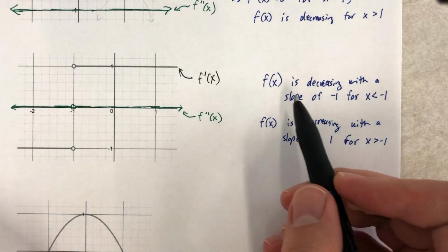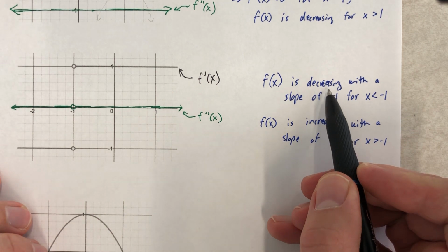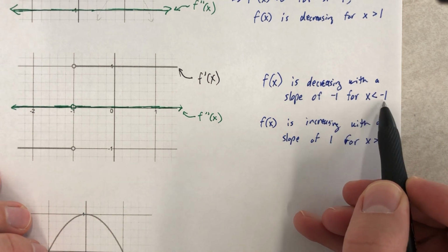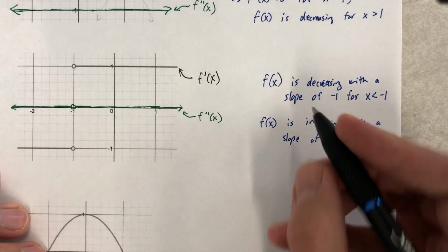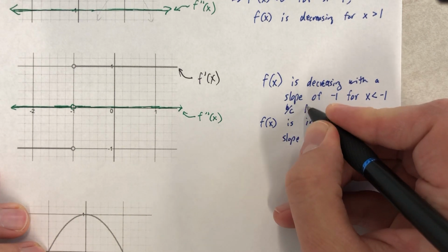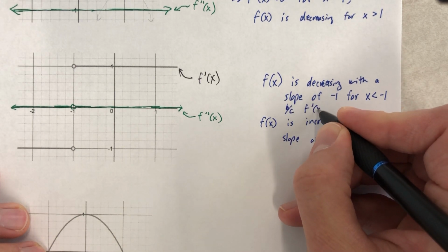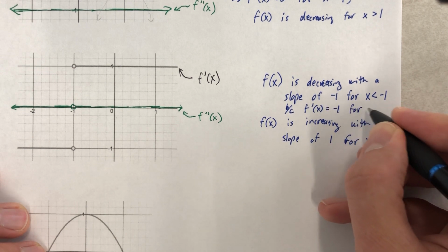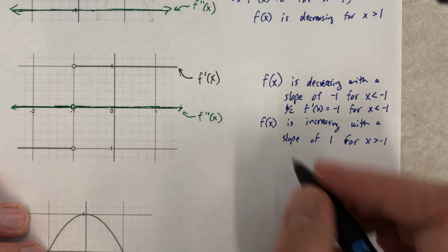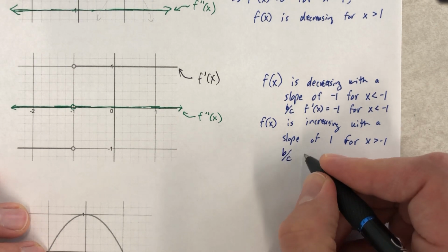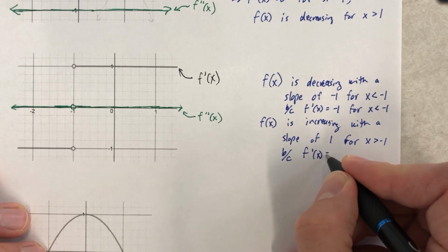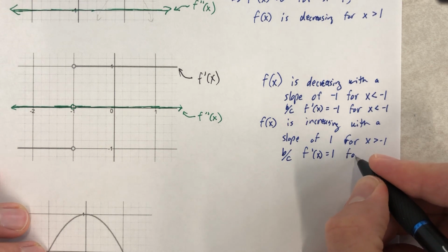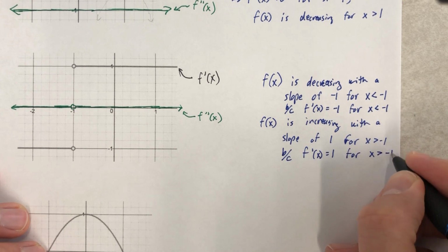So the function is decreasing for x less than -1 because the slope is negative there. So because f prime of x equals -1 on that same interval. And same thing here, because f prime of x is equal to +1 for that interval.